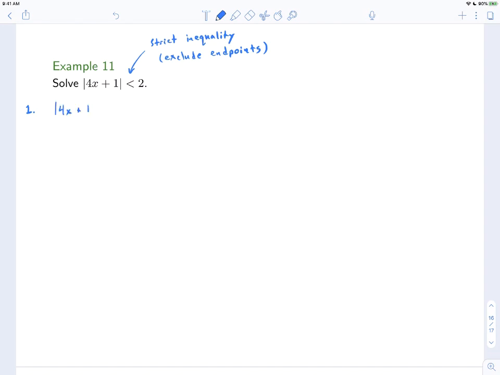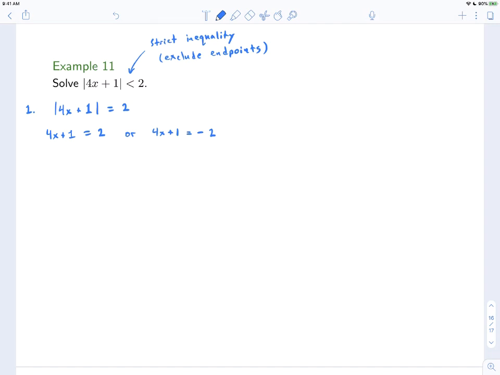The absolute value of 4x plus 1 equals 2. Okay, so if you have a quantity in absolute value that equals 2, then either that quantity is equal to 2, or it's equal to the opposite of 2. So you solve each one of these individually.